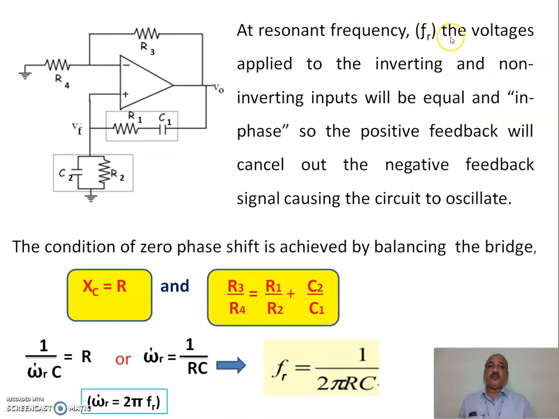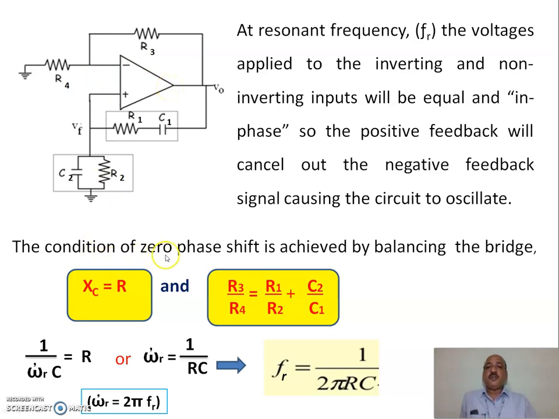At resonant frequency Fr, the voltages applied to the inverting terminal and the non-inverting terminal will be equal and in phase. So the positive feedback will cancel out with the negative feedback signal, causing the circuit to oscillate.